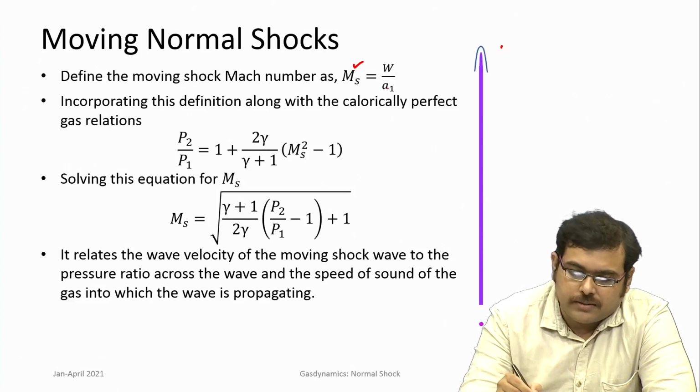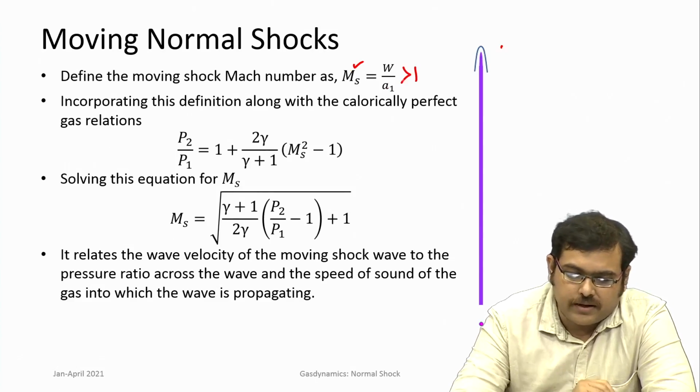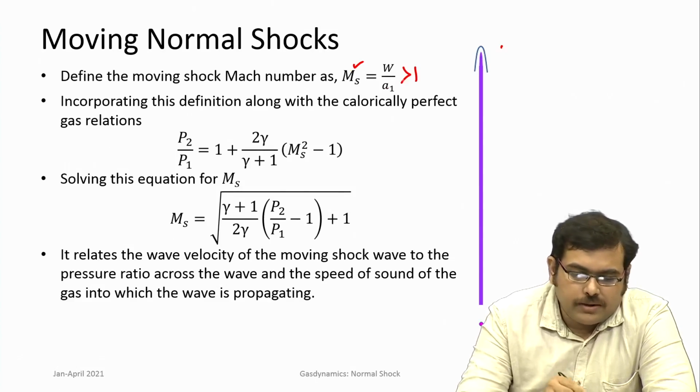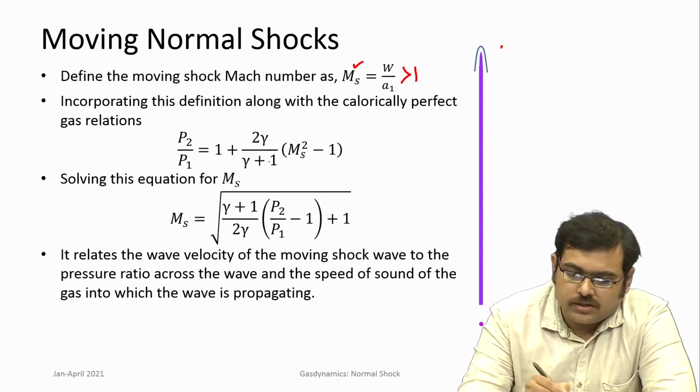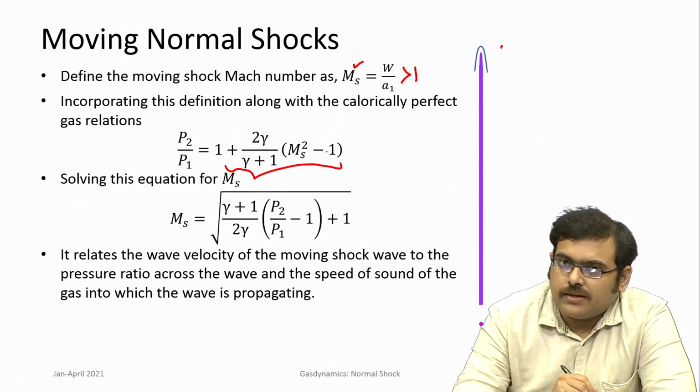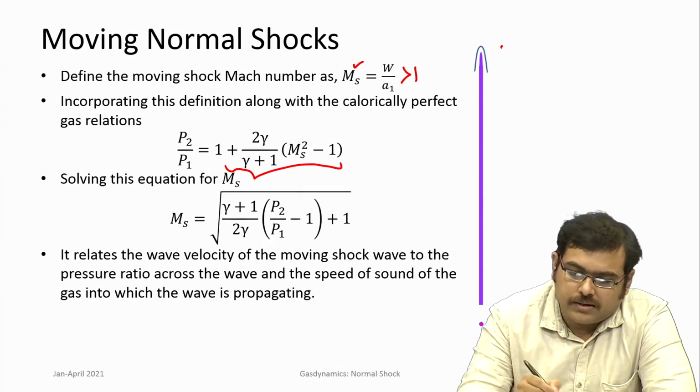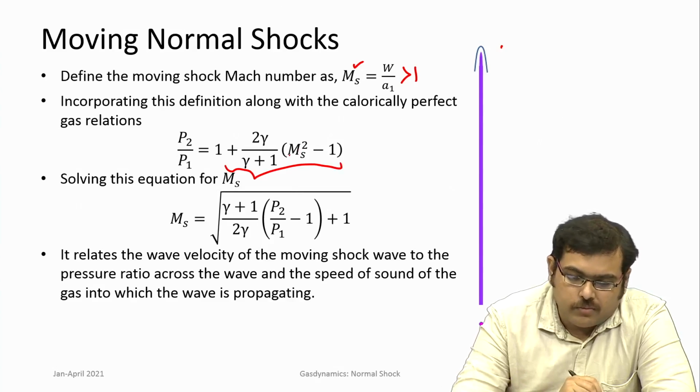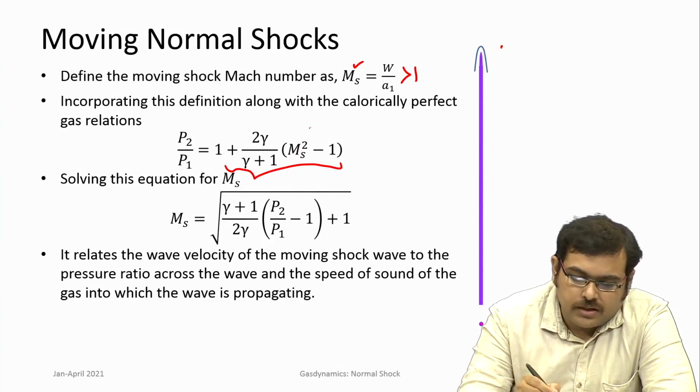Mach number of shock is W by A1, this is always greater than 1, and P2 by P1 is now given by this expression, which is the same for the stationary shock also, but now this is for a moving shock, and from here one can express MS in terms of the ratio P2 by P1.